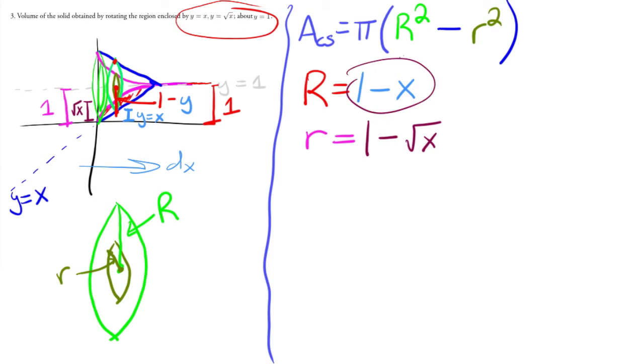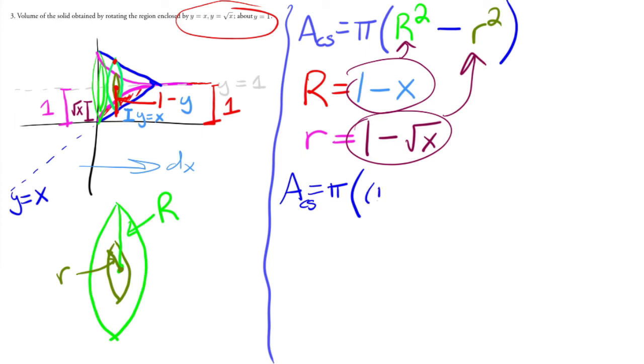And so then you plug these guys into here, and what you get is that the area of your cross section is equal to pi times (1 minus x) squared minus (1 minus square root of x) squared. And so we're going to want to simplify this guy.